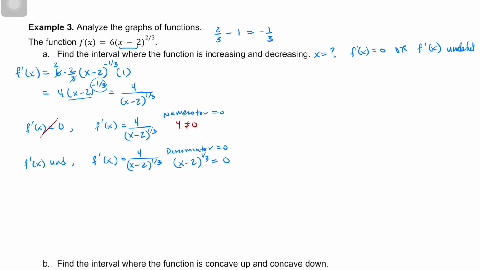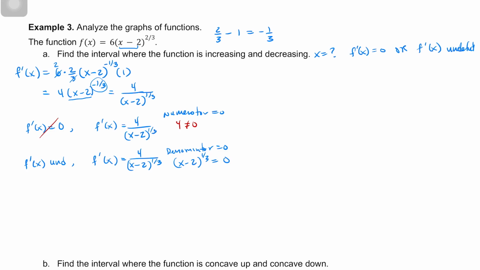The only way that this is going to be undefined is whenever the bottom is 0. So we take the denominator and find when the denominator will be 0. In other words, find the x that makes the denominator be 0.